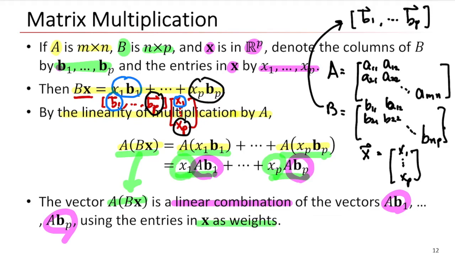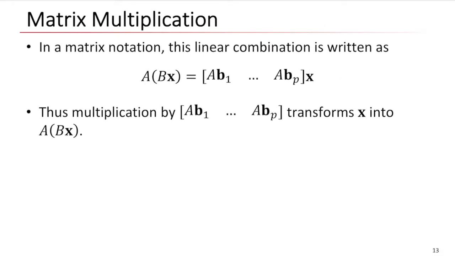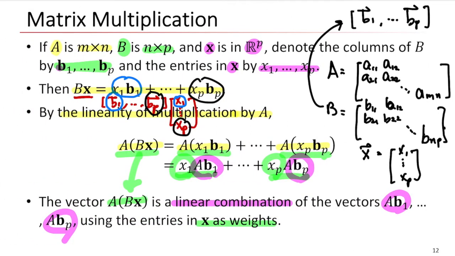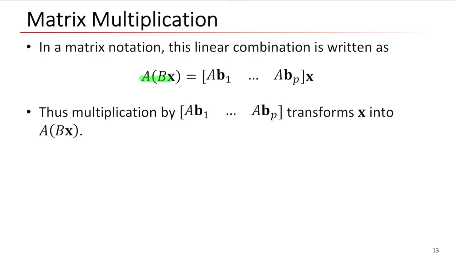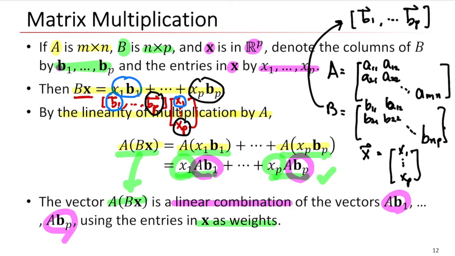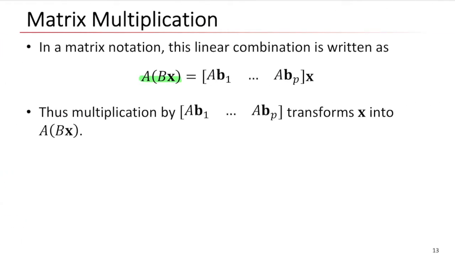So this is the linear combination of the matrix A times each column vector of B. So it means that A times Bx is going to be the matrix with columns Ab1 through Abp times vector x.